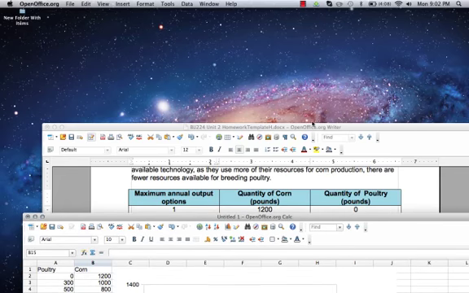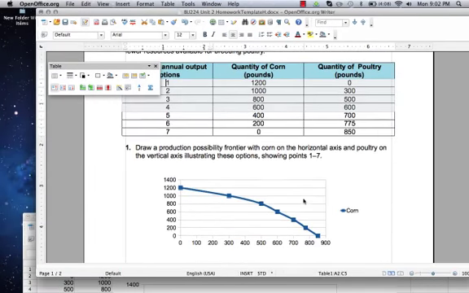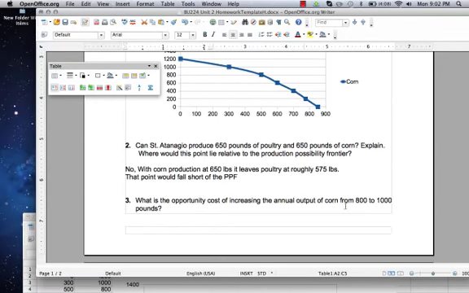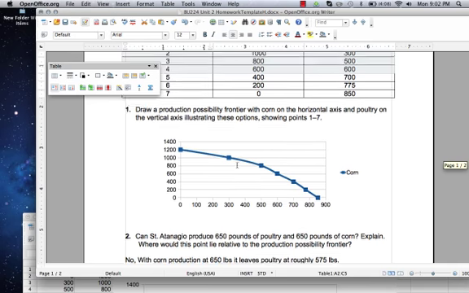So, if we're going down to number 2, that's our graph by the way, number 2, it's asking if you can produce 650 pounds of poultry and 650 pounds of corn. We're looking at our graph. So 650 would be roughly around there, because right there would be like 700, so that would be roughly about 650.